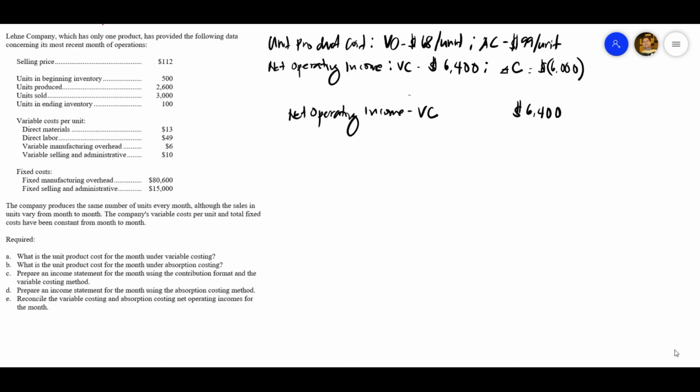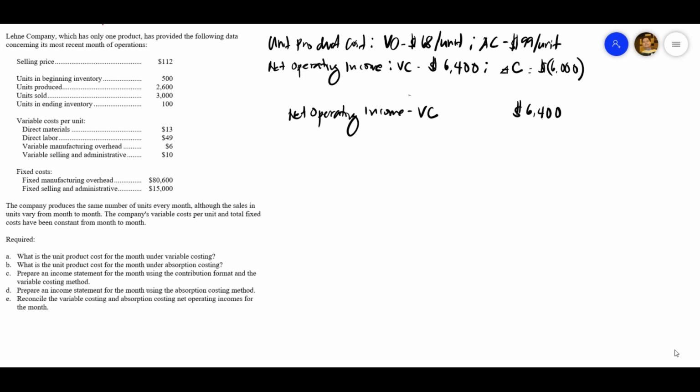Or what will happen if your units produced is higher than your units sold? Okay, it will now be a different case. Your variable costing has now less income as compared to your absorption costing. Okay, why? Because again, your fixed manufacturing overhead cost that you incurred for the current period will be fully expensed as period cost.